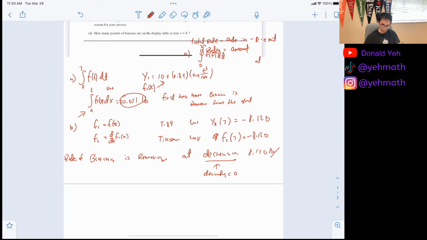Pounds per hour. No, not per hour, but per hour squared. Why? Because the rate is bananas per hour, right? Now the rate of the rate is bananas per hour squared, because you're adding another unit into it.